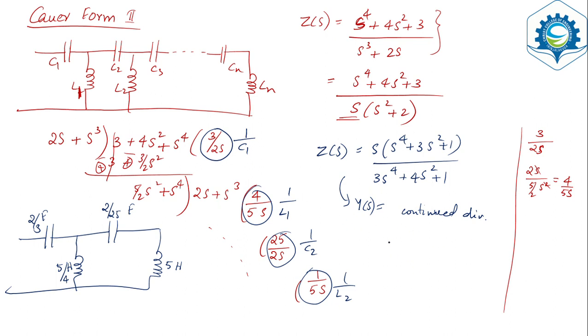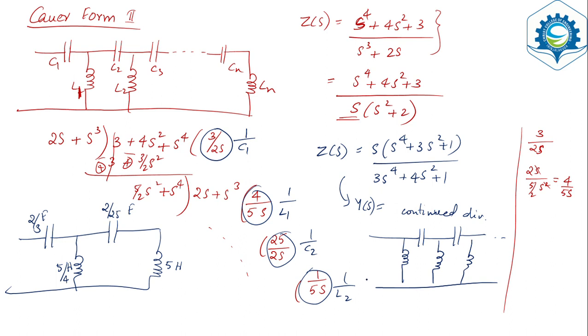You're going to start your figure with, what are you going to start it with? In the previous case, we removed this first capacitor, right? There was an inductor, we removed it. So similarly, over here, because s is common on the numerator side, you're going to start with the shunt inductor. So you are having the shunt inductor at the beginning, and then you are having the capacitor. And it goes on.